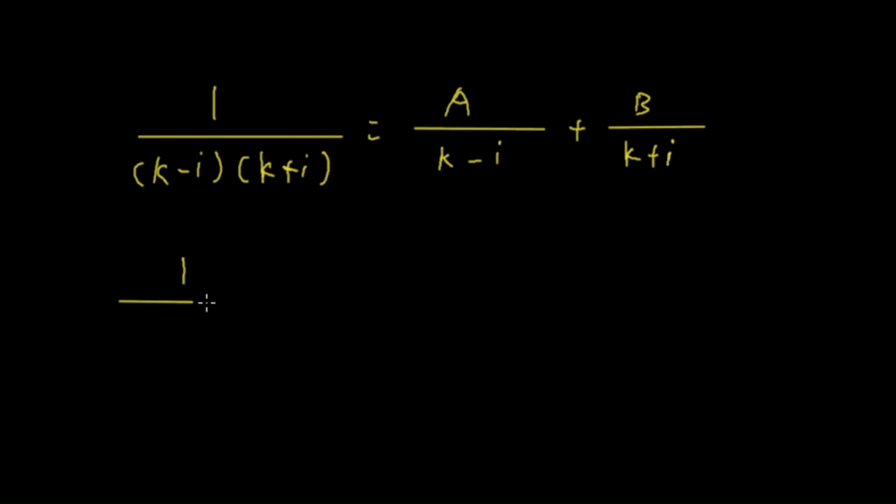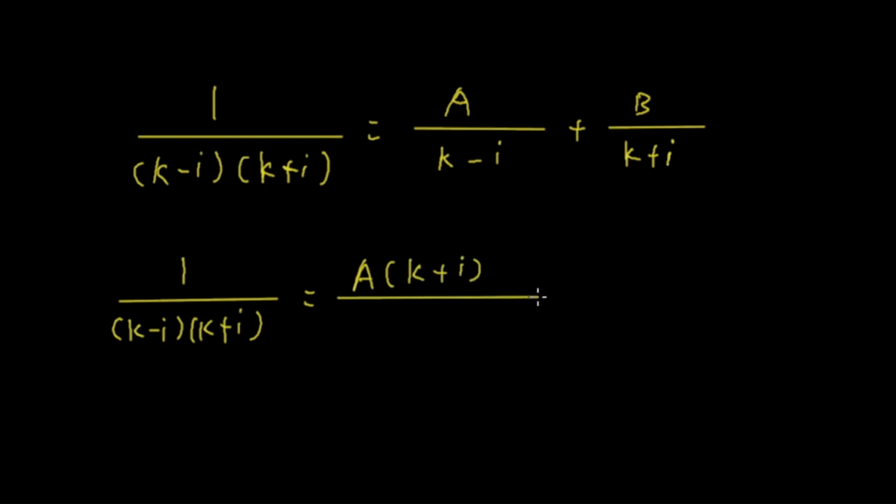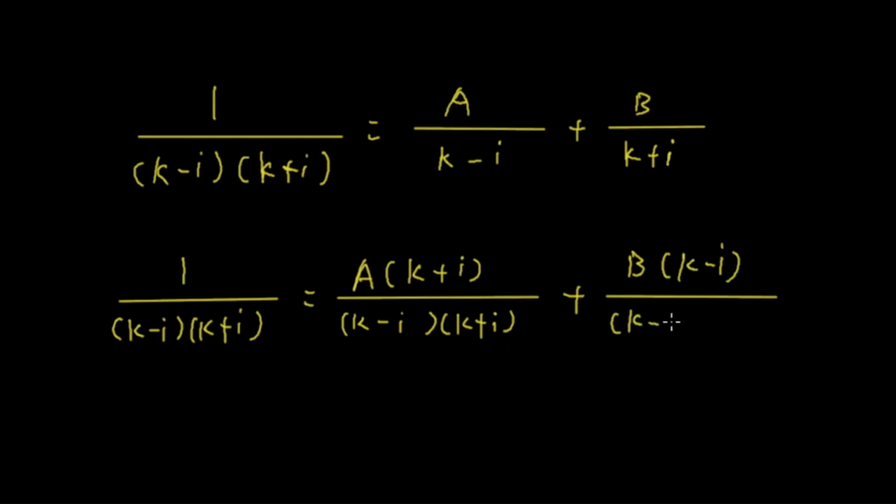Okay, so for this one, it will be a times k plus i, so that we will have k minus i times k plus i. Plus b, this one will be multiplied by k minus i, so that I will have k minus i times k plus i, okay?